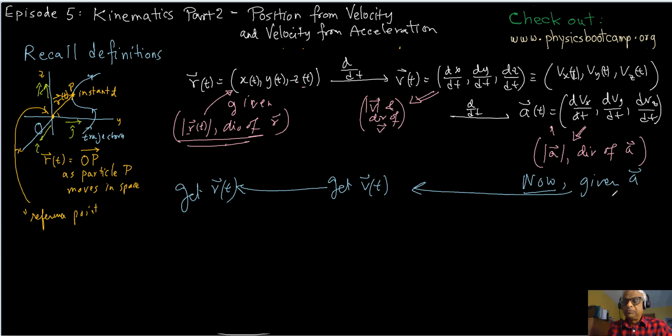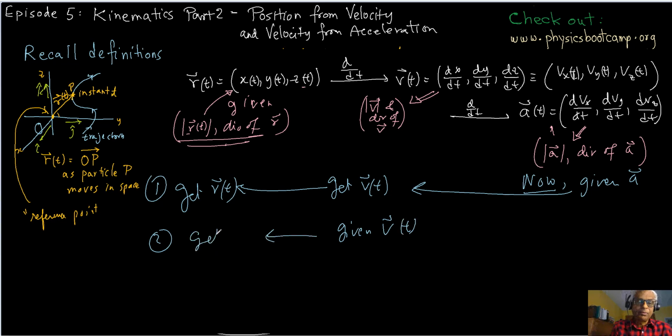Or you can start from given v. So this one problem starts from acceleration given and goes all the way there. Another may start from given v, and you get r of t. We'll find out that this is just an integration. Going from here to there is an integration, and I'm going to lay that out now.